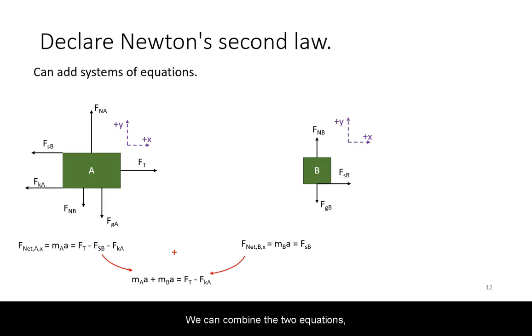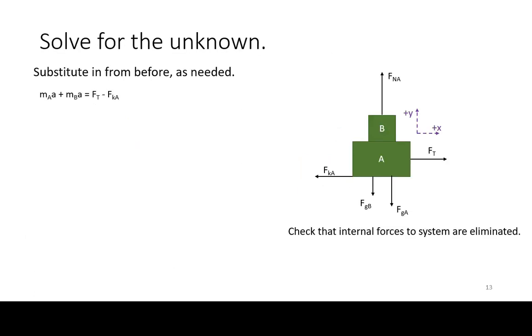We can combine the two equations, which eliminates all the internal forces of the system, effectively treating it as a single object with only the outside forces to the system acting on it.